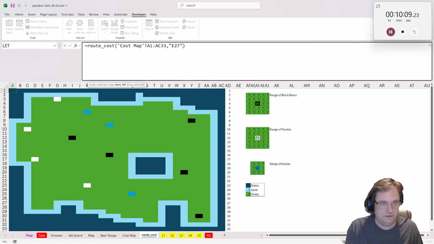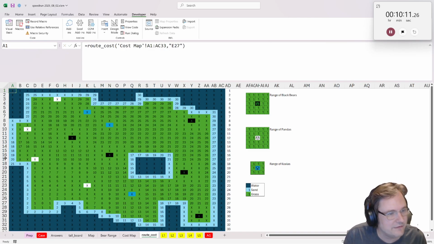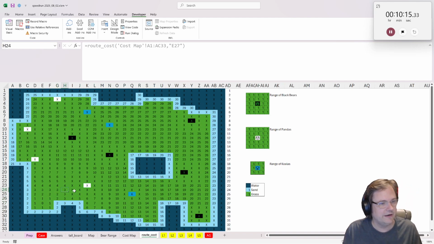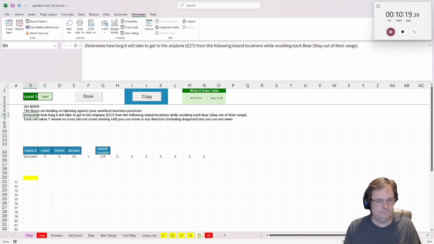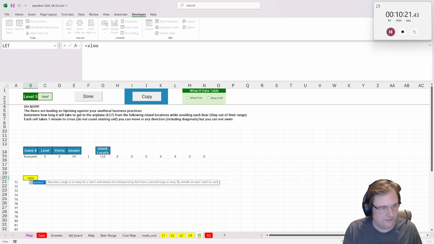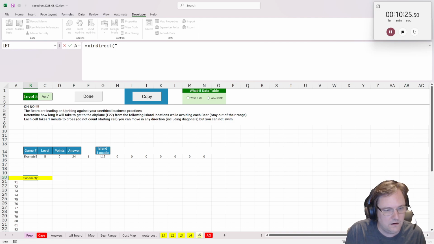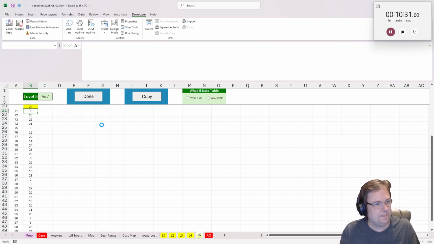So I give it E27. So how many steps does it take? So here's the airport. Okay, you can go diagonal 1, 2, 3. Cannot go where the bears are. Looks right. All right, so now the answer is just X indirect of route cost, exclamation mark, and the location.